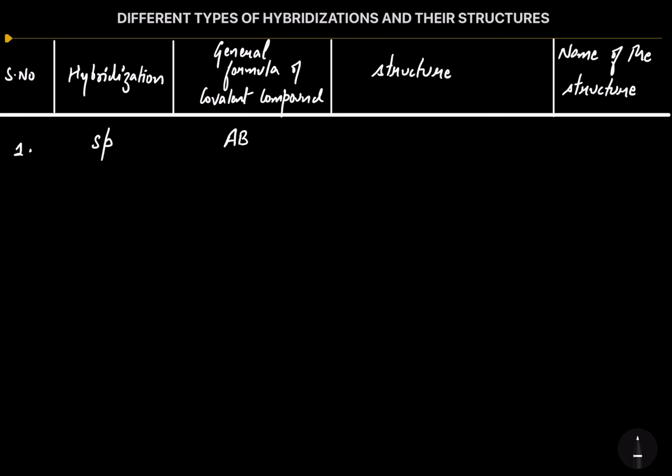Here the central atom is A and the side atoms are B. So the structure of AB2 undergoing sp hybridization will be: our central atom A forming a covalent bond with B, and another covalent bond with another B, with an angle of 180 degrees, and this structure is known as linear. That's our first type of hybridization, sp.